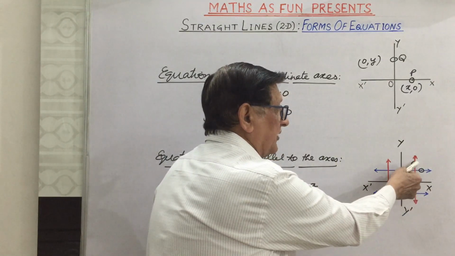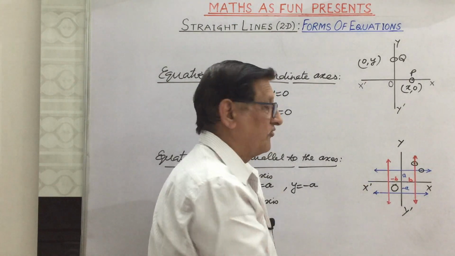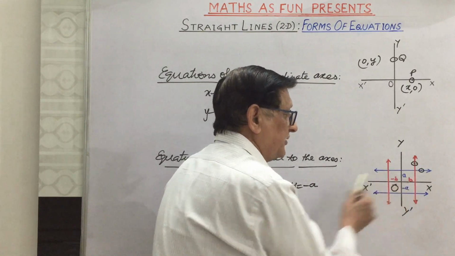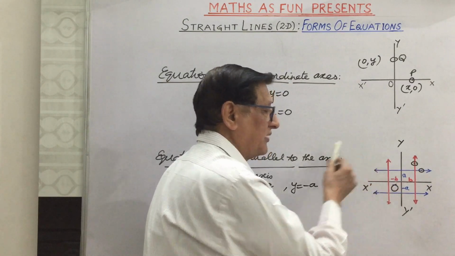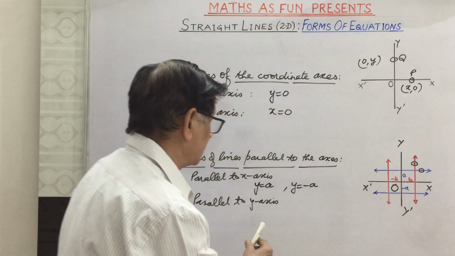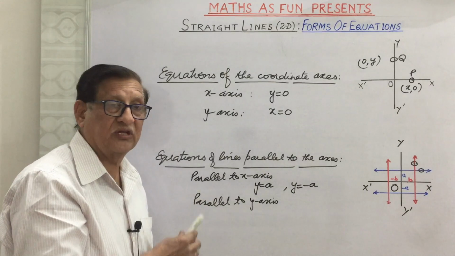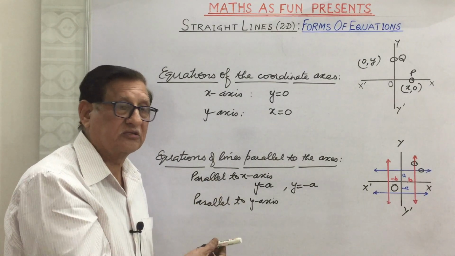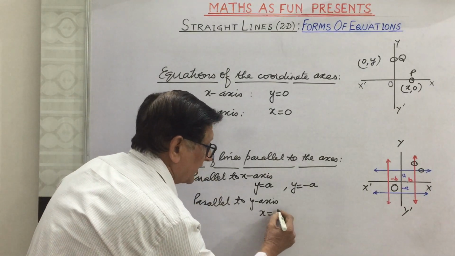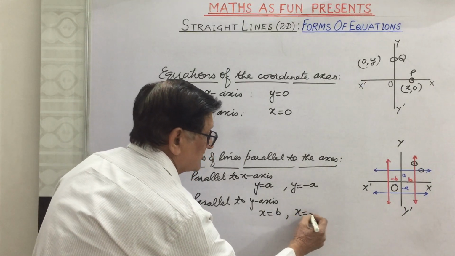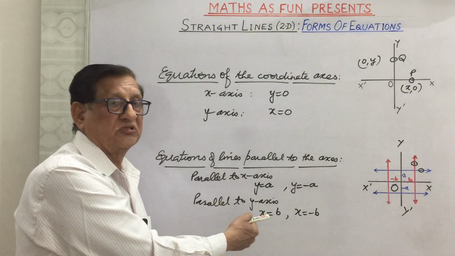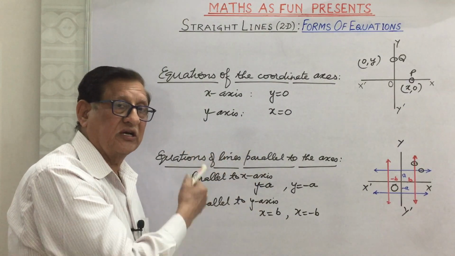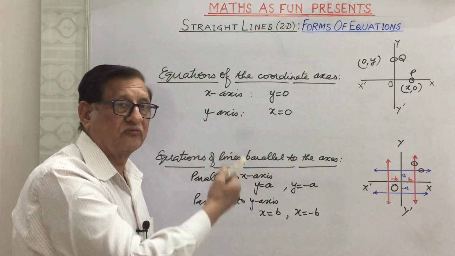We will find that every point lying on this will have its x coordinate as b, and every point lying on this will have its x coordinate as minus b, and hence we can say that the equations of the lines which are parallel to y-axis can be given as x is equal to b or x is equal to minus b, depending on their position, whether they are lying on the negative side or the positive side of the origin.